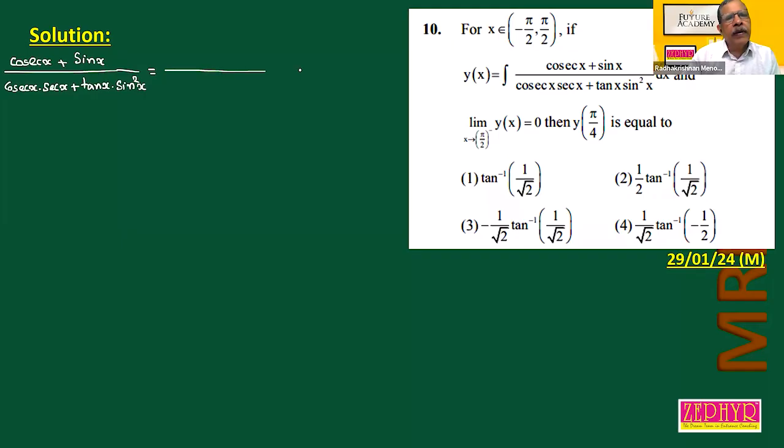Okay. The numerator cosec x is 1 by sin x plus sin x.